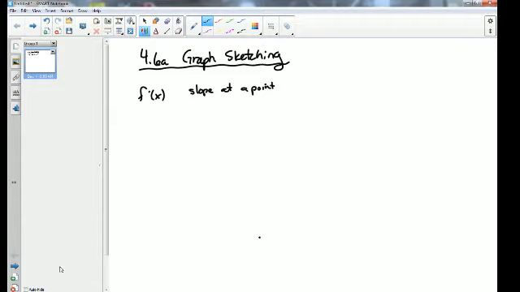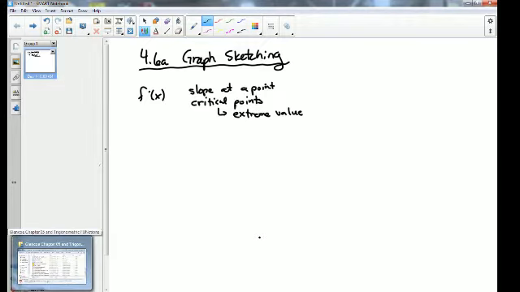Critical values or points. What does that lead me to? Extreme values. Sign analysis. Concavity. So I can find min and max there from the first derivative, right, Damon? Right. What else can the first derivative tell me?